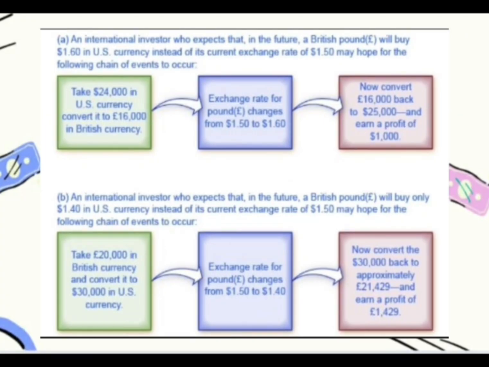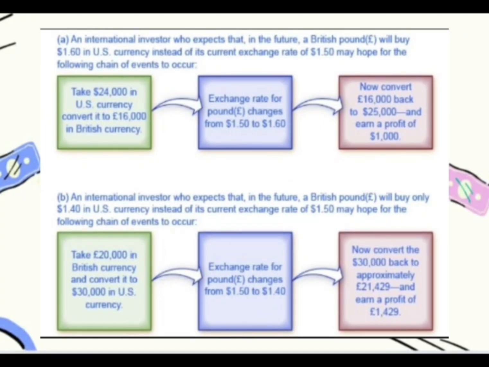Later, when the pound becomes stronger and is worth 1.56 US dollars, they change the 16,000 pounds back into dollars and get 25,000 US dollars. This gives them a profit of 1,000 US dollars.